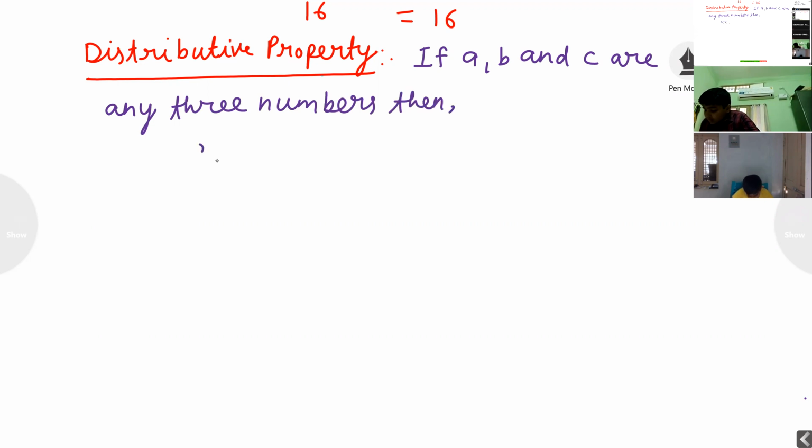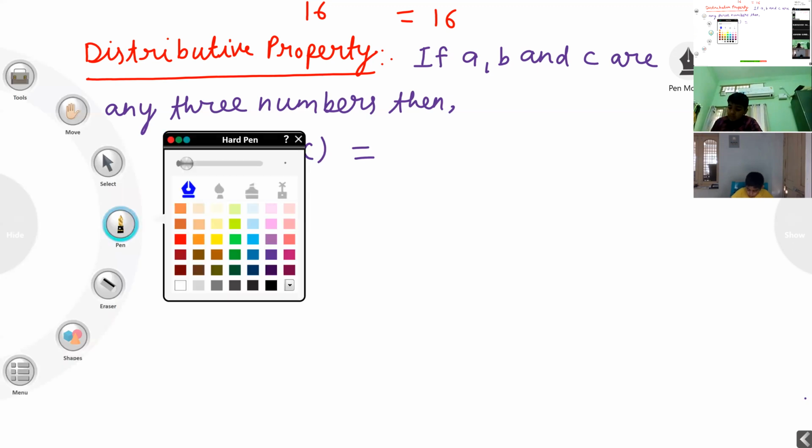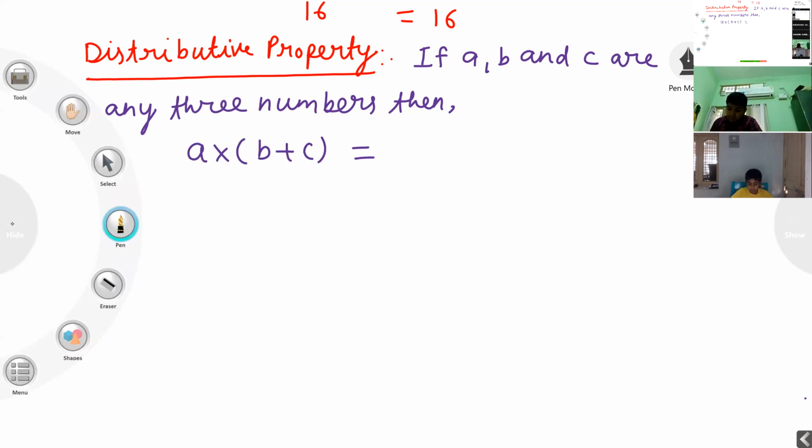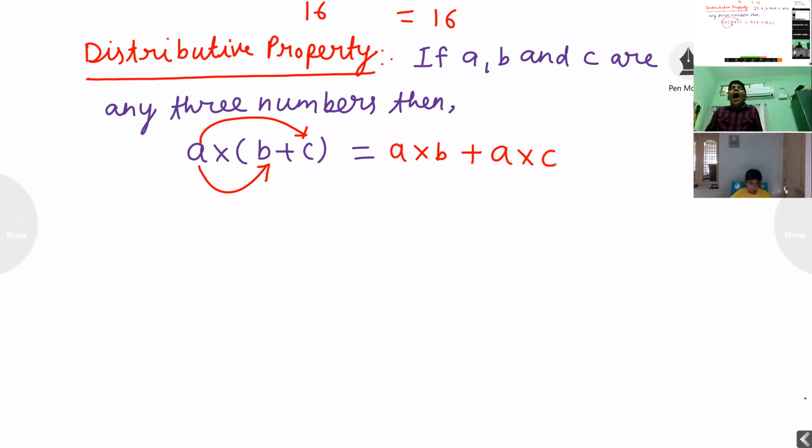A into B plus C is equal to, listen carefully, what is this property? This property is saying A into B plus C means A into B plus A into C. A I have multiplied with the first, again A I have multiplied with the second.